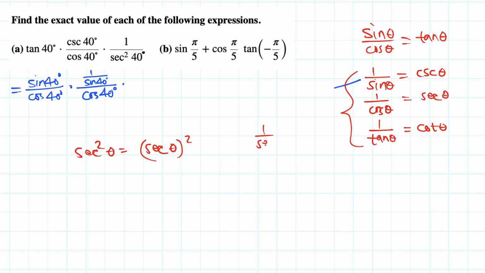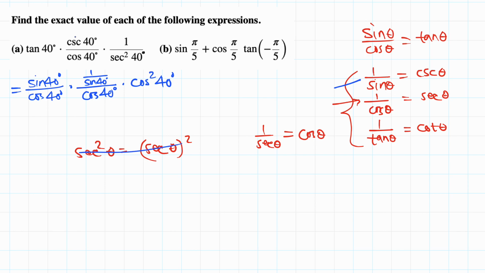What is 1 over secant? 1 over cosine is secant, which means 1 over secant is cosine. So this reciprocal is cosine, not theta, our angle is 40 degrees, and squared as well.